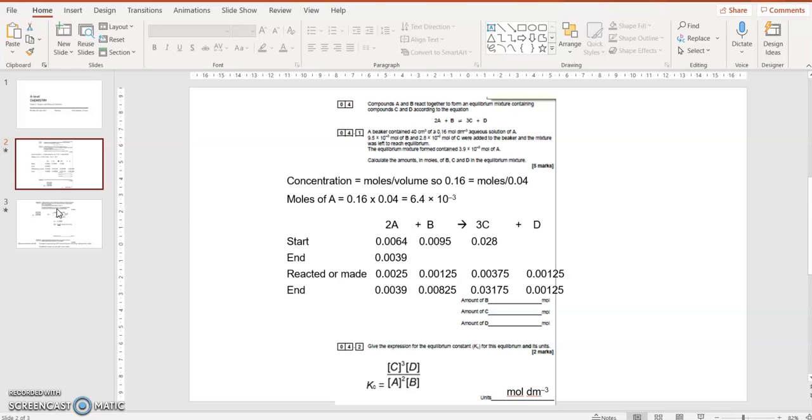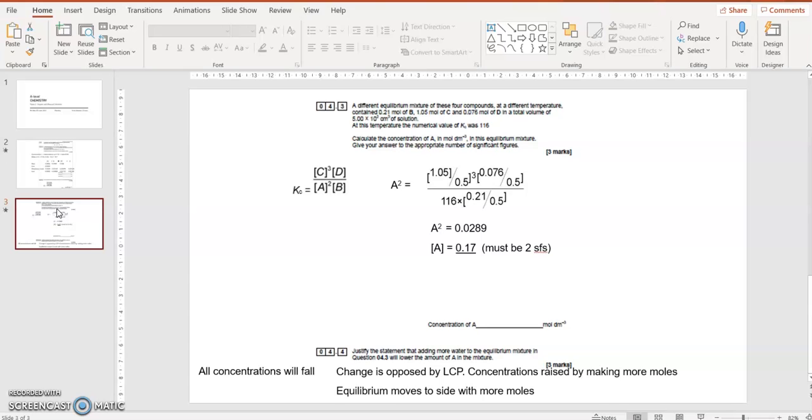But I've got 3 moles on the left, 2A and 1B, and I've got 4 moles of product on the right, 3C and 1B. So I haven't got equal numbers of moles left and right. So I do need to convert moles into concentration, because the units of volume are not going to cancel. So I need to work out what my volumes are and do moles divided by volume in decimeter cubed to get them all into concentration.